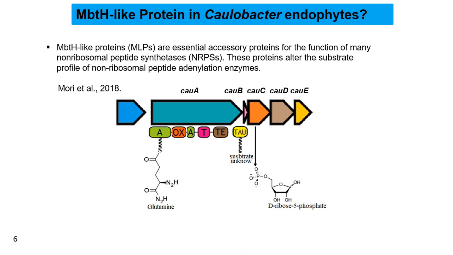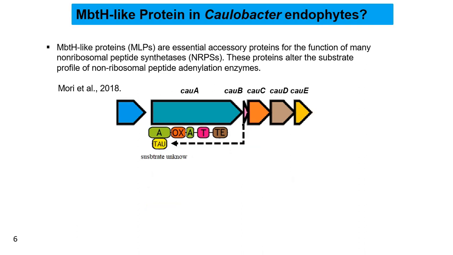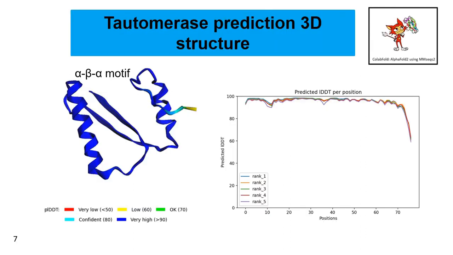These proteins alter the profile of the substrate in the adenylation domain in non-ribosomal peptide synthetases. Therefore, we hypothesize that this tautomerase could act as an MbtH-like protein, an enzyme that participates in the substrate selection process in indigoidine-like BGC.